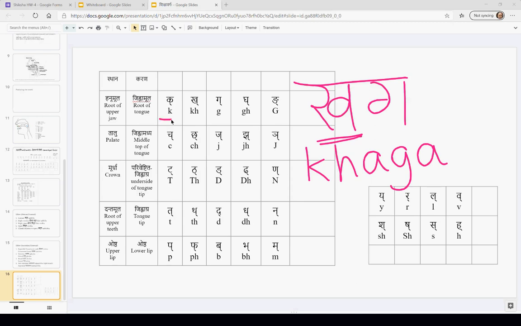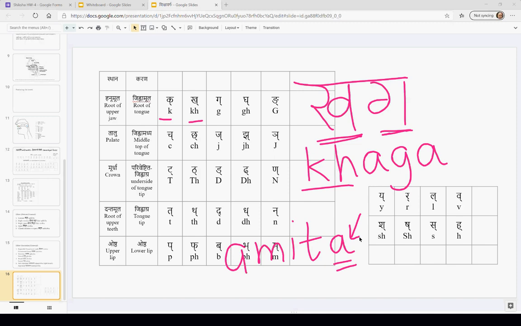This is compared to ka, this is explosive breath. Kha, khaga. Now the other thing is, just like we are trying to do with Amita, at the end we have to pronounce that completely. We should not shorten this like khag. Khag, there is a shortening.